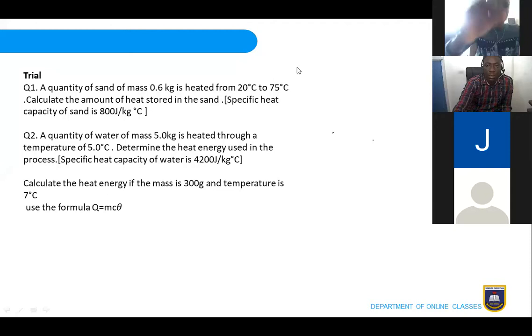Yeah, I'm listening now. For the first one, 138,600 joules per kilogram degree Celsius. Okay, yeah.